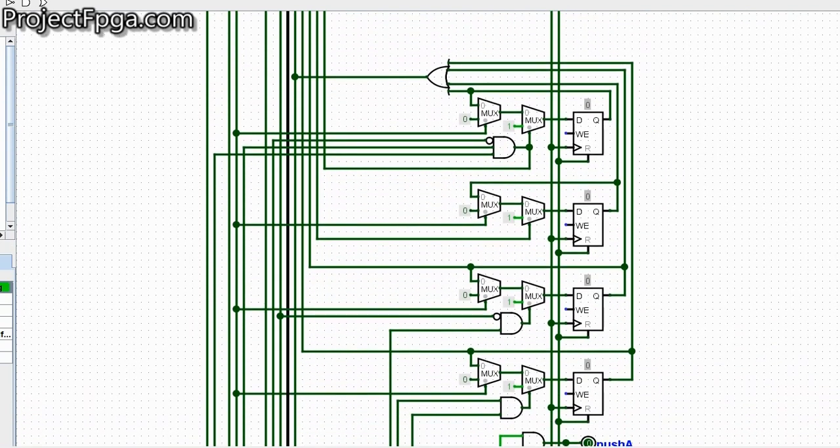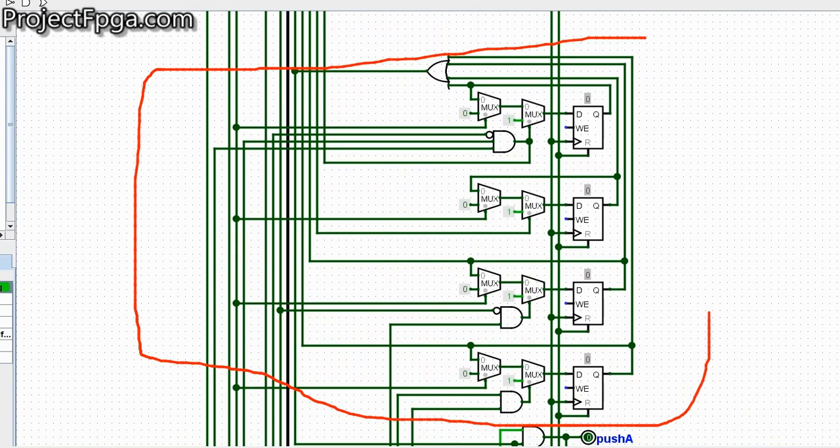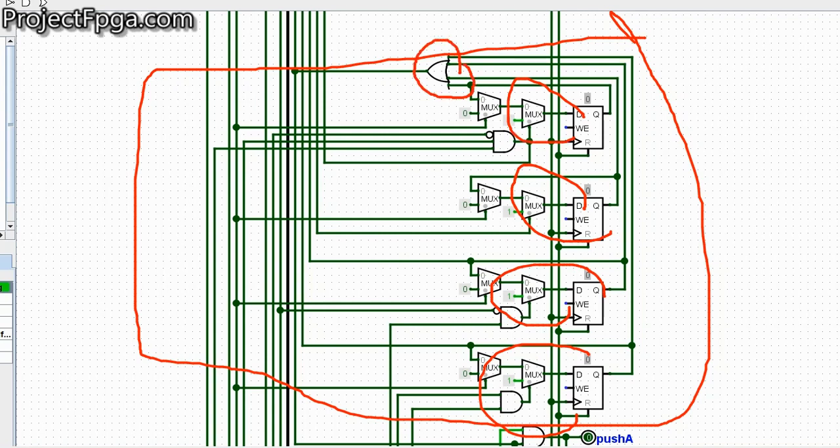Then again, this is where the push signal is being generated from. So there are 4 different conditions for the push. So this is condition 1, condition 2, condition 3, condition 4. If any of them is on, this is the OR gate that checks if any of them is on. Then the push signal comes here.